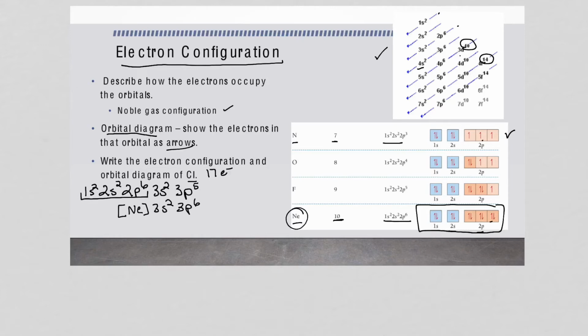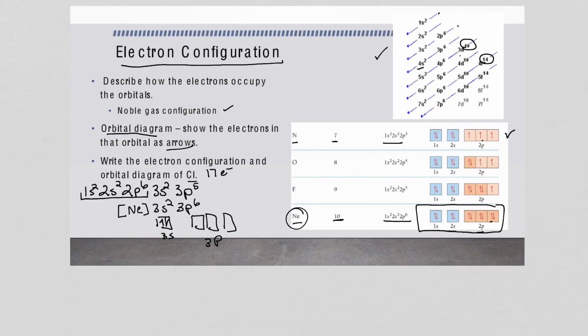Now, what about the orbital diagram? I'm just going to do the orbital diagram for these last ones. I'm not going to worry about doing these that are filled. We could draw them out, but to save us some time, I'm just going to do the 3s and the 3p. So the 3s, there's 2.